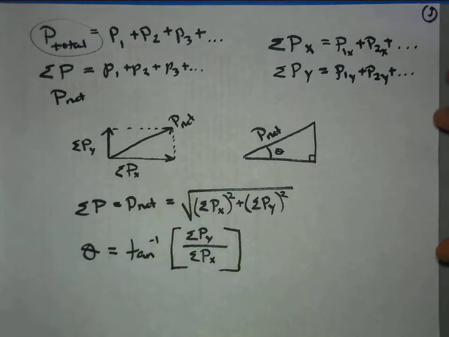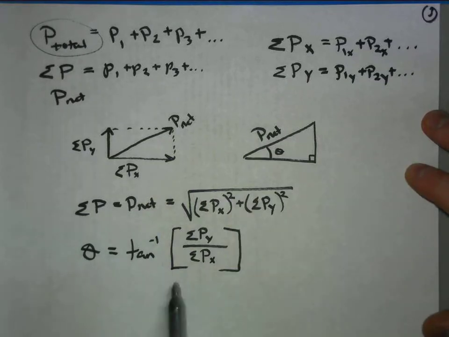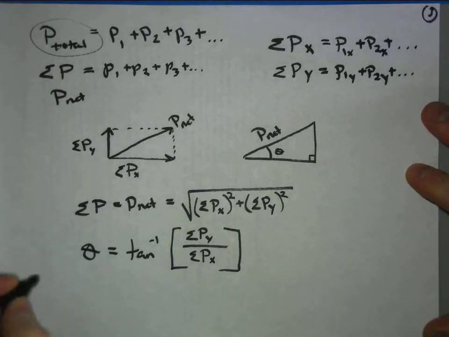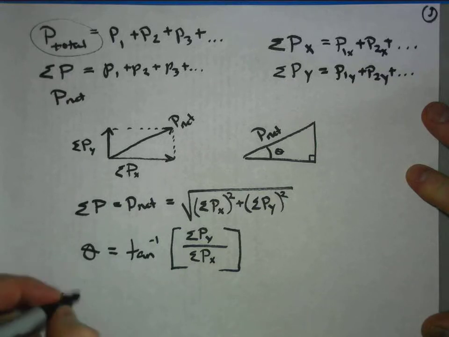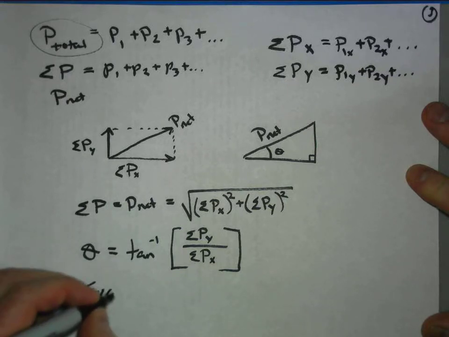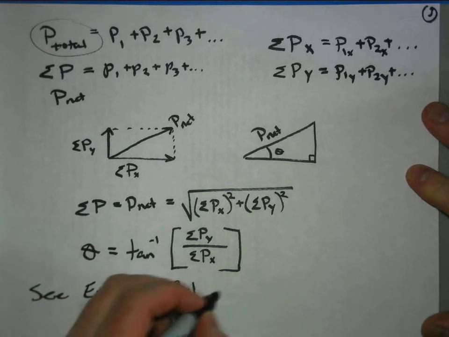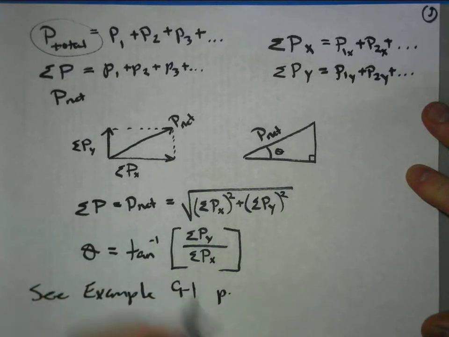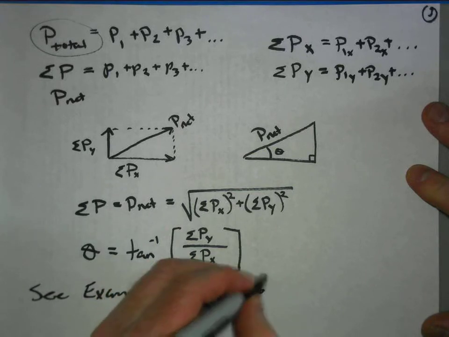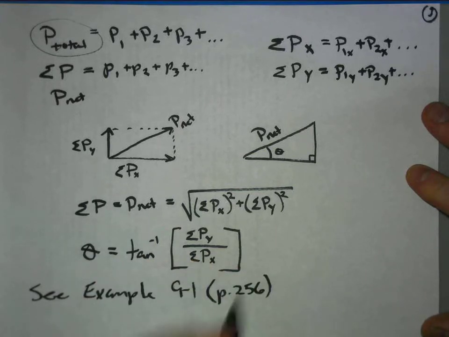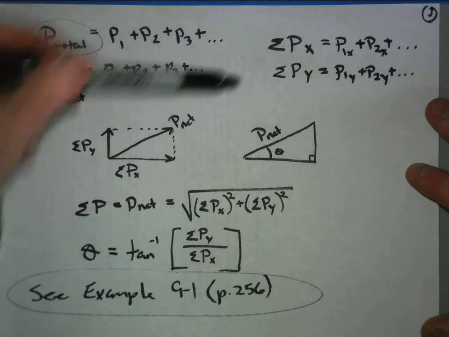So for some more exposure to this, and to see how you would apply this, if you need to, take a look at example 9-1 on page 256 for how this idea would be applied.